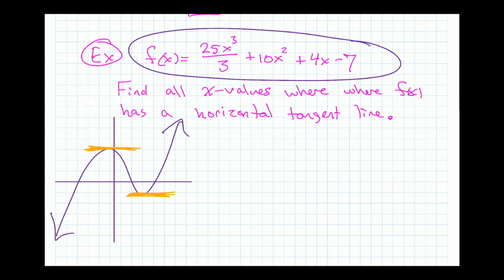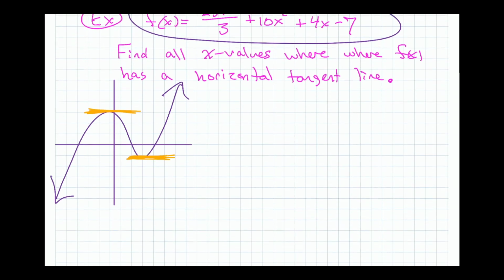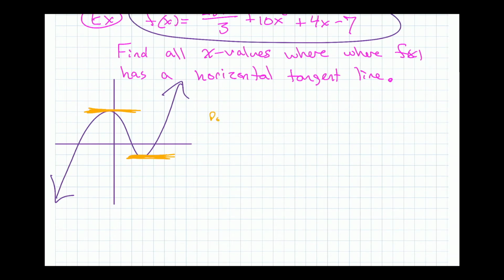So there's potentially 2 of these. Now, this picture was just a made-up picture, so it's not correct, but potentially there are 2 x values where this happens. There could just be 1 and there could be none. But potentially there are 2 x values that look like this.